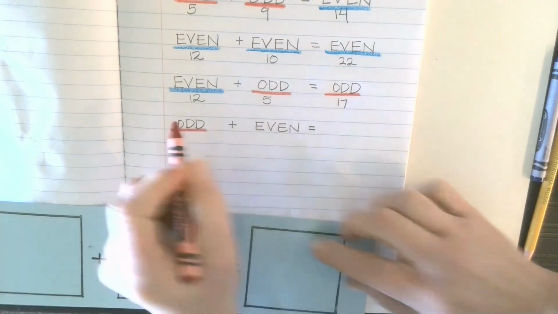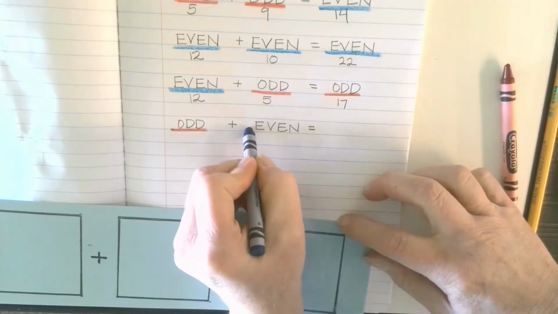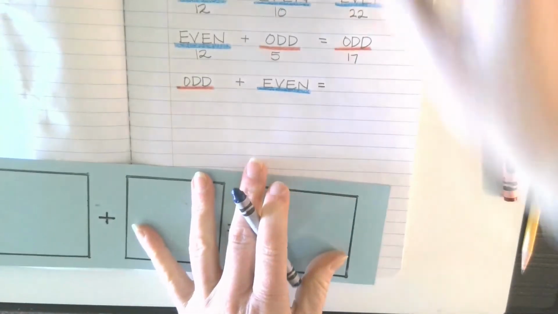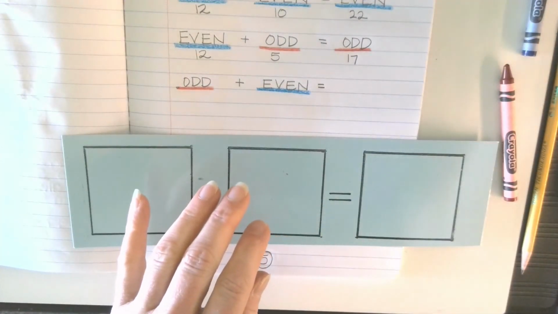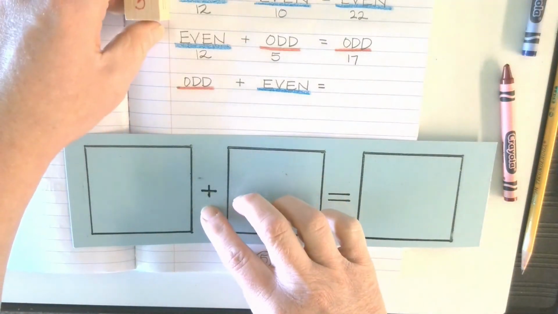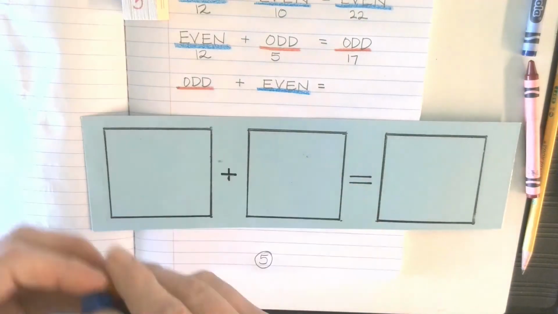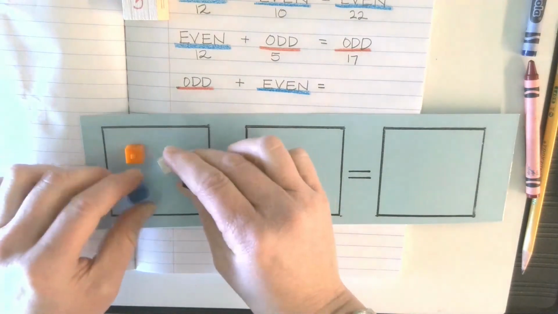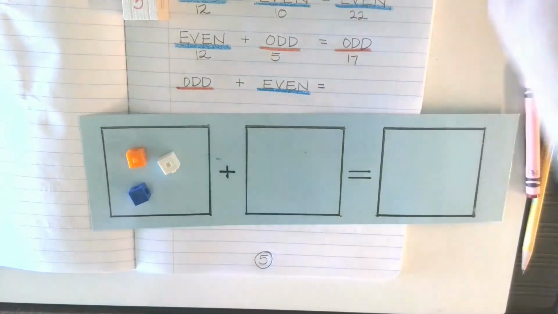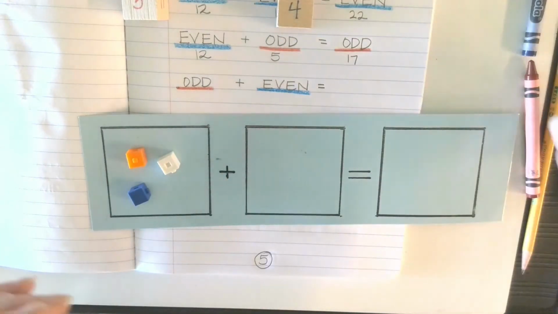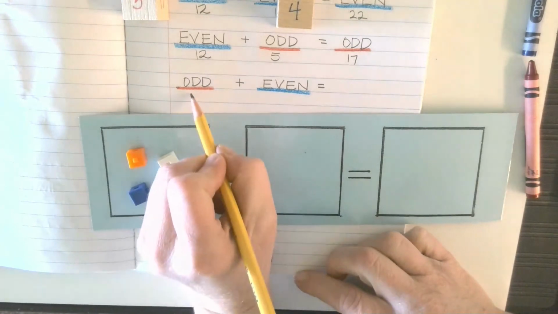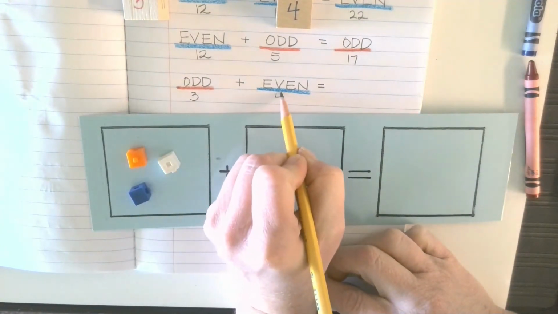Odd is red, even is blue. Let's scoot this up. So, I'm going to roll an odd number, and I have 3. So, I'm going to put 3 in for my first addend, and I'm going to roll an even, and I got a 4. So I'm going to write in 3 for odd and 4 for even.